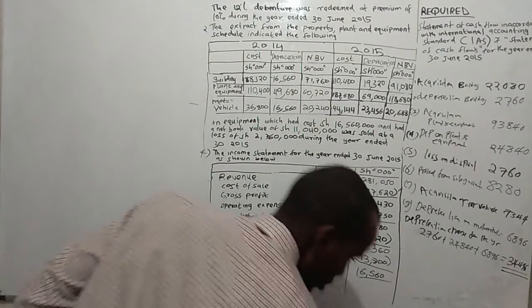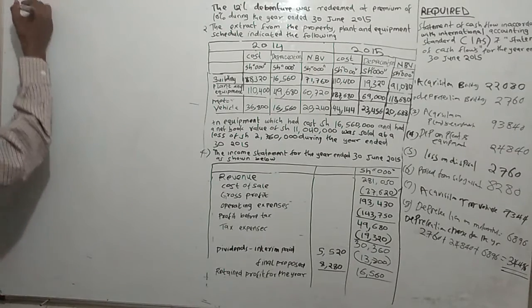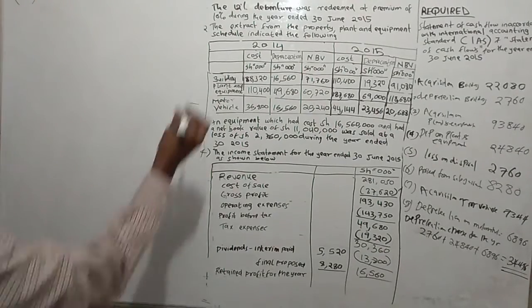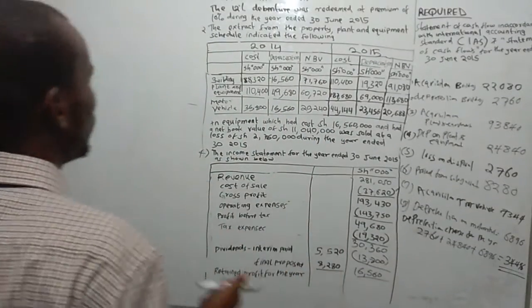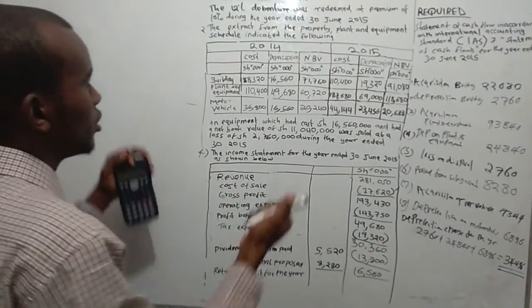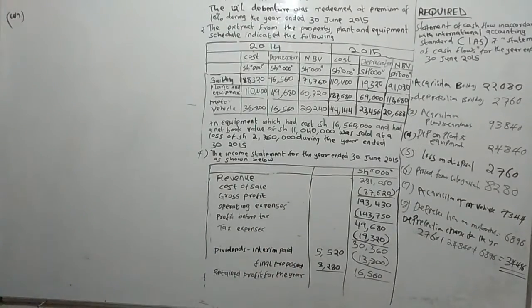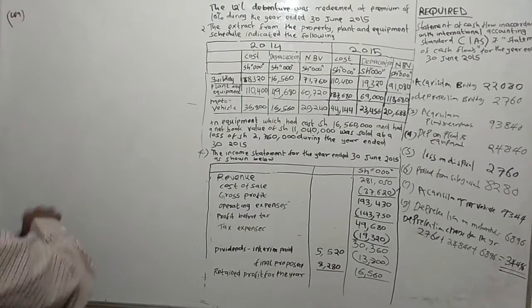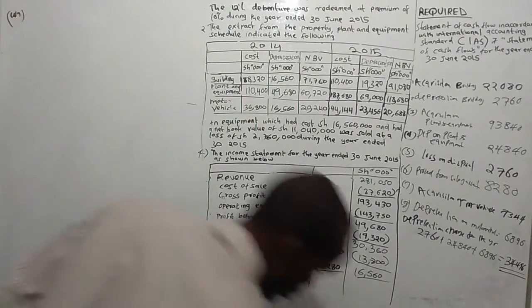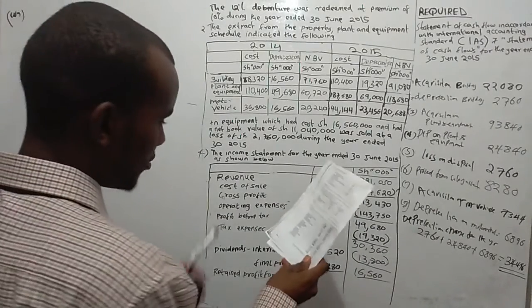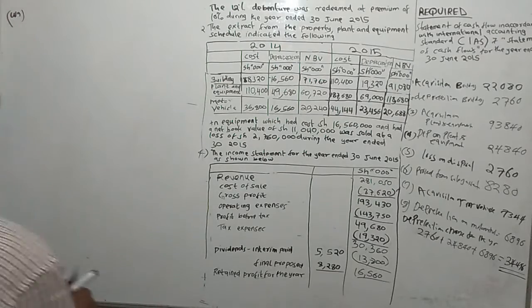The 12% debenture was redeemed at a premium of 10% during the year ended June 2015. Now I have wiped the board. We are having the debenture value. If I go back to my question, we have the debenture value as 11,040. From the balance sheet, we have been given it as 11,040.